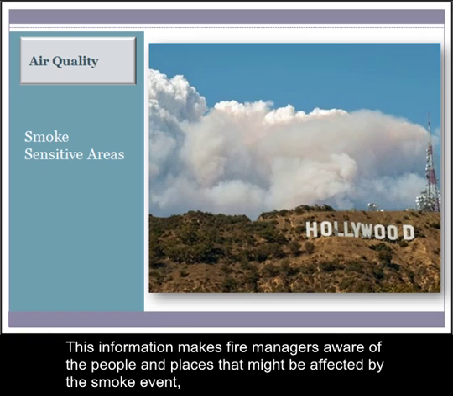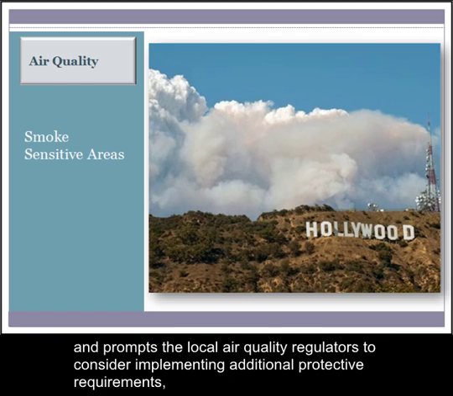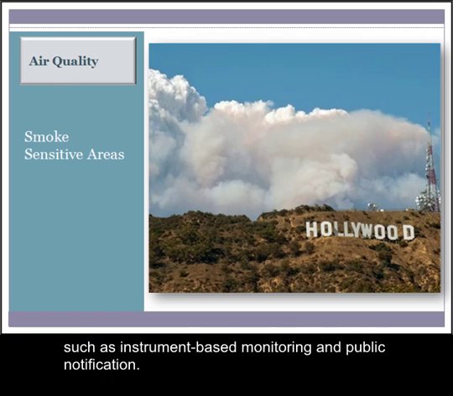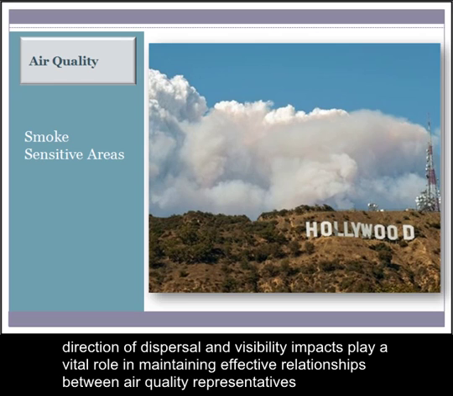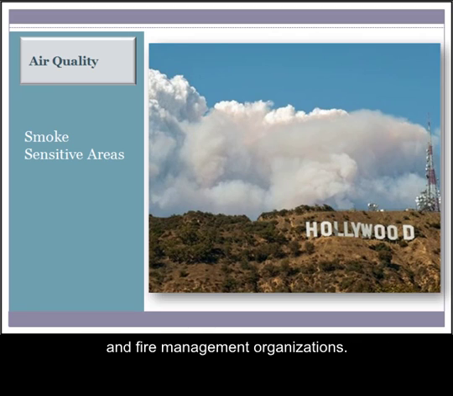This information makes fire managers aware of the people and places that may be affected by the smoke event, and prompts the local air quality regulators to consider implementing additional protective requirements, such as instrument-based monitoring and public notification. Your observations and documentation of smoke production, direction of dispersal, and visibility impacts play a vital role in maintaining effective relationships between air quality representatives and fire management organizations.